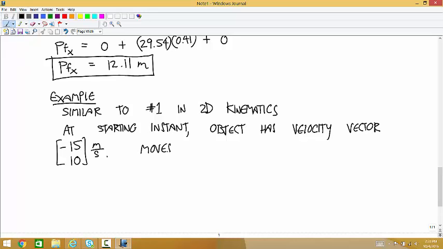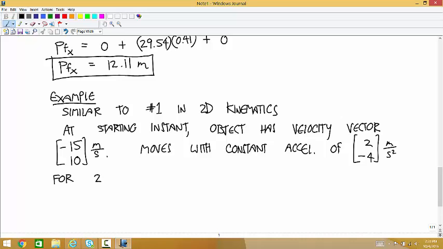It moves with a constant acceleration of 2, negative 4 meters per second squared for 2 seconds.